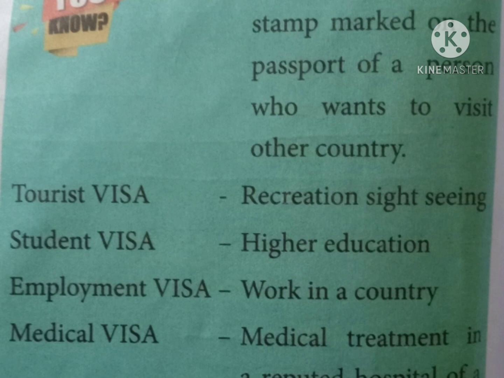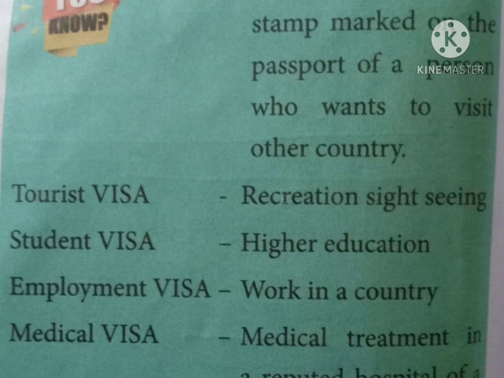There are different types of visa. First one is tourist visa. Tourist visa is for just visiting the place, and you can enjoy the different sites, everything. Second one is student visa. Student visa is for students to study in that country for higher education. Third one is employment visa.